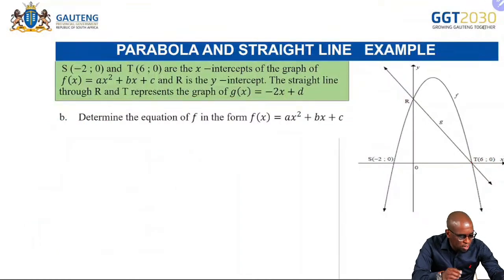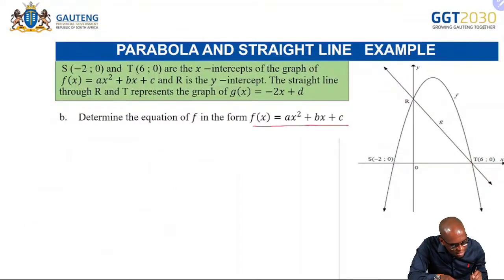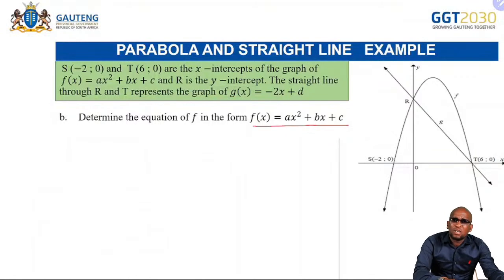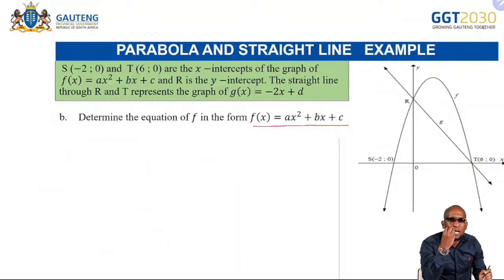Right, we move on. Now they want us to determine the equation of f. They want us to determine the equation of this parabola using whatever is given to us. Now, remember, for you to get the equation of a parabola, you're going to check the form in which the parabola is given.